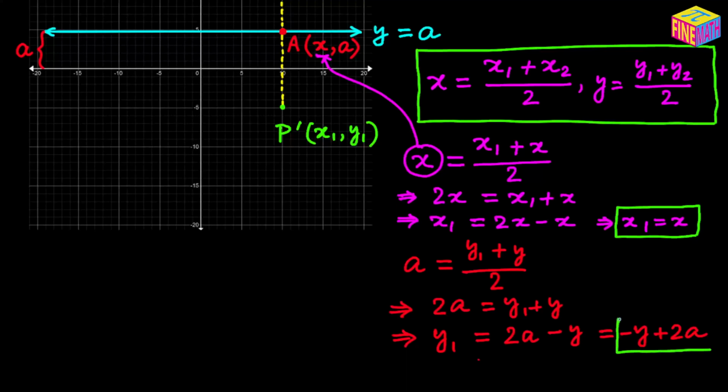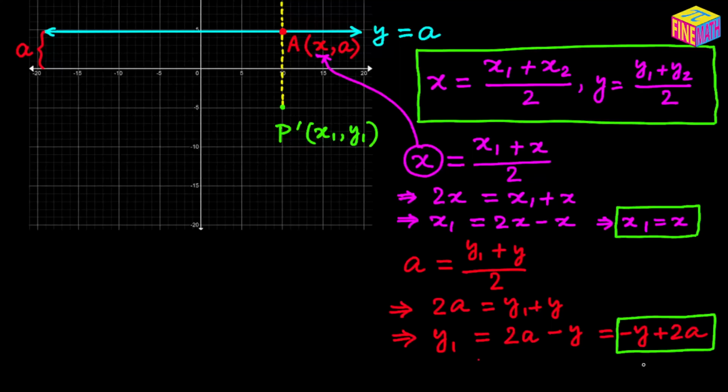So the value of y sub 1 is equal to negative y plus 2 times a. And again, the way we derived these values using the midpoint formula, you really do not have to worry about the quadrant and the sign of the coordinates. We just simply need to use the x coordinate of the original point as the x coordinate of its image. However, the y coordinate of the image is going to be like this.